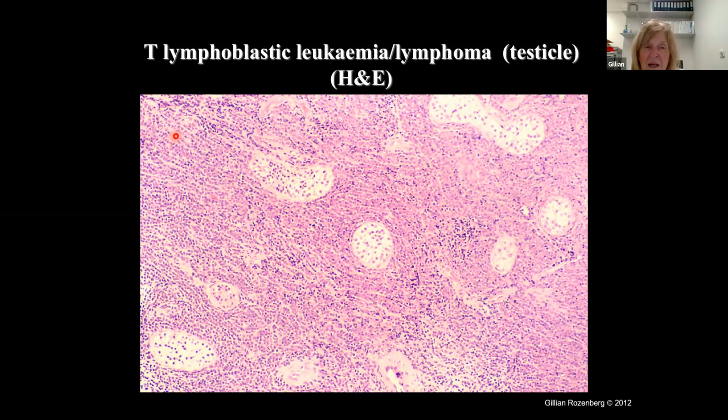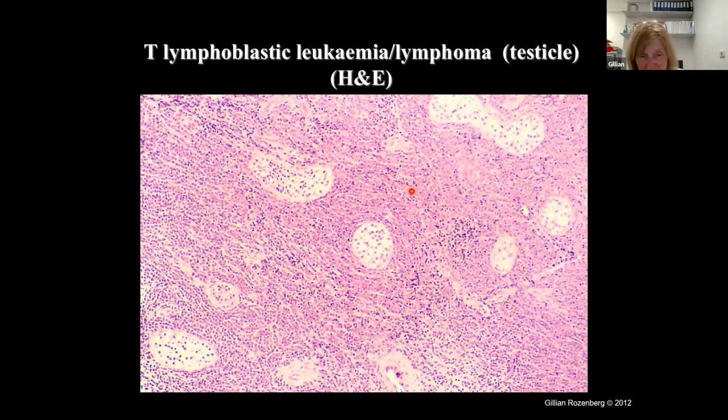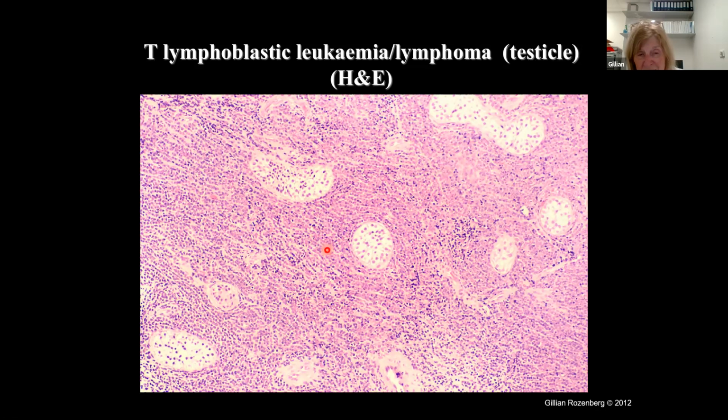Now, little boys can relapse. So I'm talking about the T cell, and in adolescence as well, they can relapse in the testicle. So this is a case of a testicular relapse in a little boy. This is a biopsy which has been taken and stained with the hematoxylin and eosin stain in anatomical pathology.